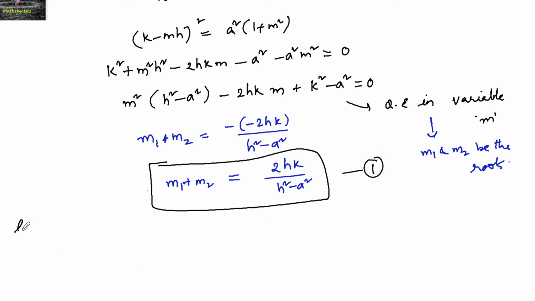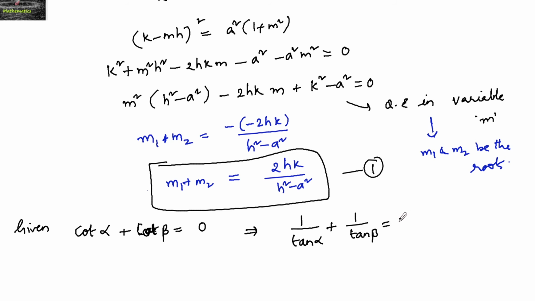Now it's given that cot alpha + cot beta = 0, which implies 1/tan alpha + 1/tan beta = 0, or we can write (tan alpha + tan beta)/(tan alpha tan beta) = 0.